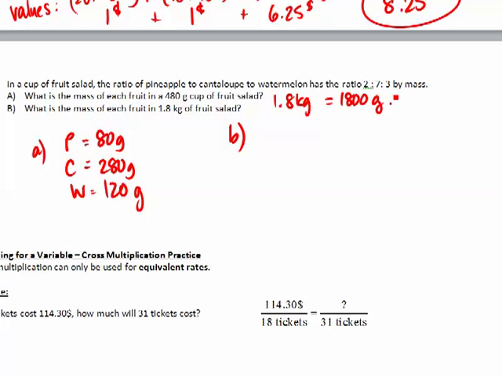If you're not sure of that, keep it in kilograms as well. And so our answer for that one is, for pineapple 300 grams, our cantaloupe 1,050 grams, and our watermelon 450 grams.